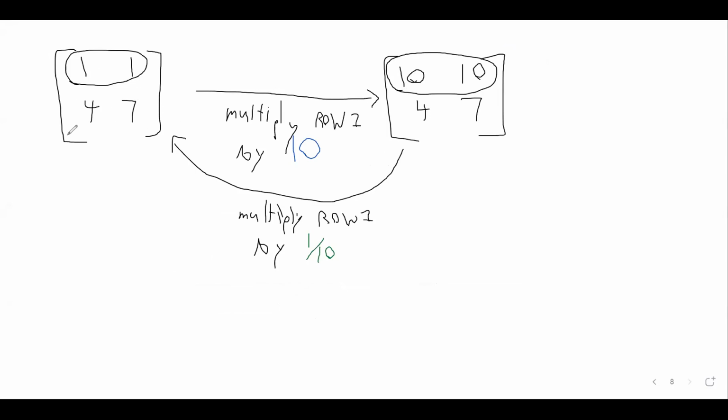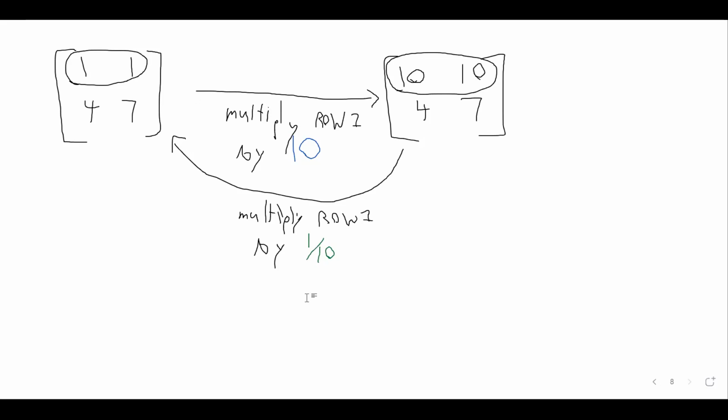If we had multiplied the second row by 10, then the inverse operation would be multiply row 2 by 1/10. Make sense? So the row matters, right? This elementary row operation is specifying a particular single row of your matrix and multiplying it by a constant. You need to multiply that same row by the reciprocal, 1 over that constant, to get back to where you started.